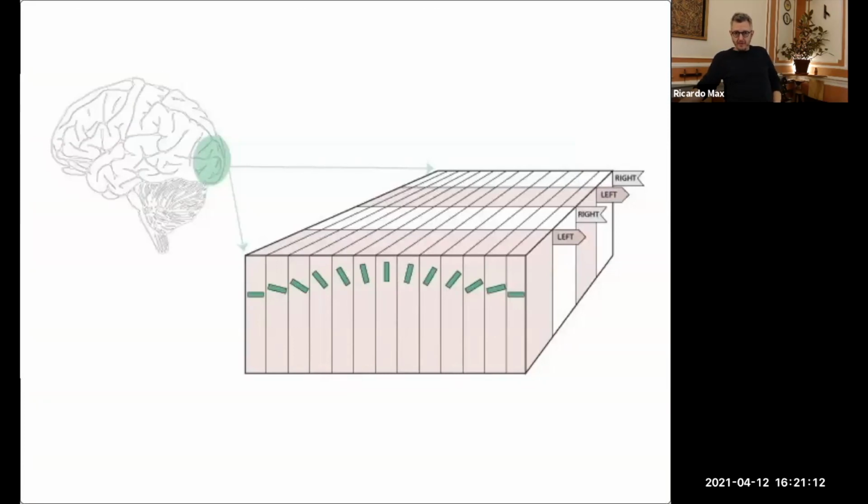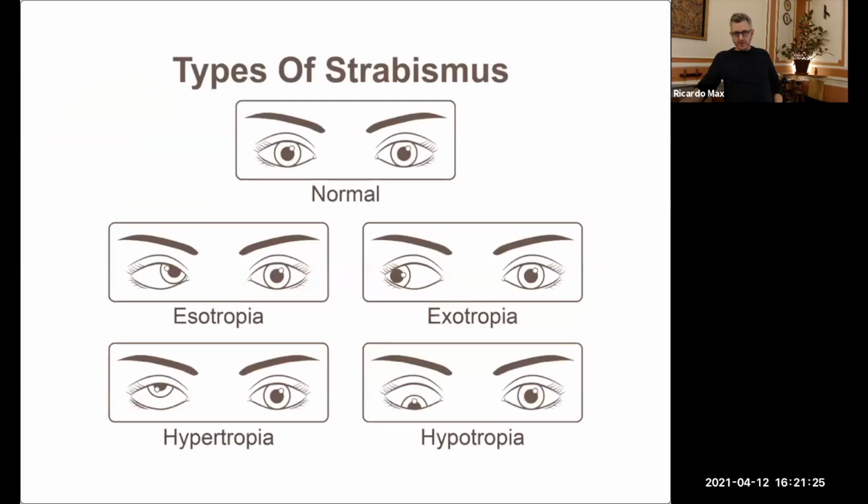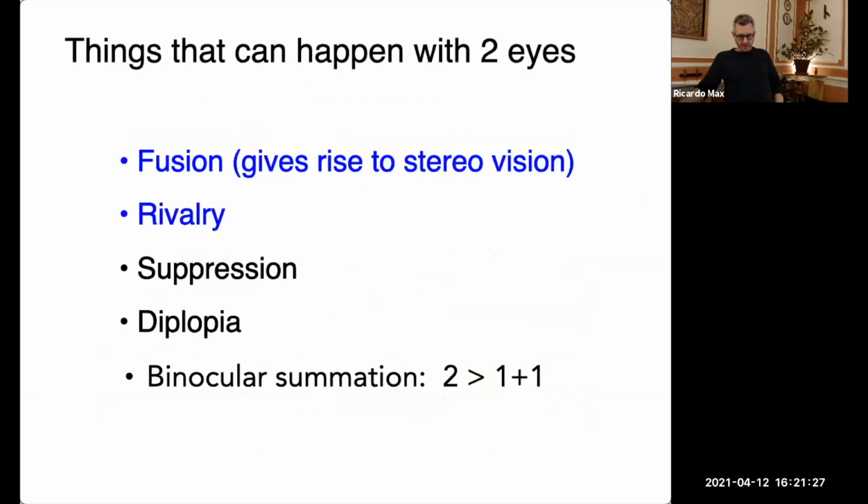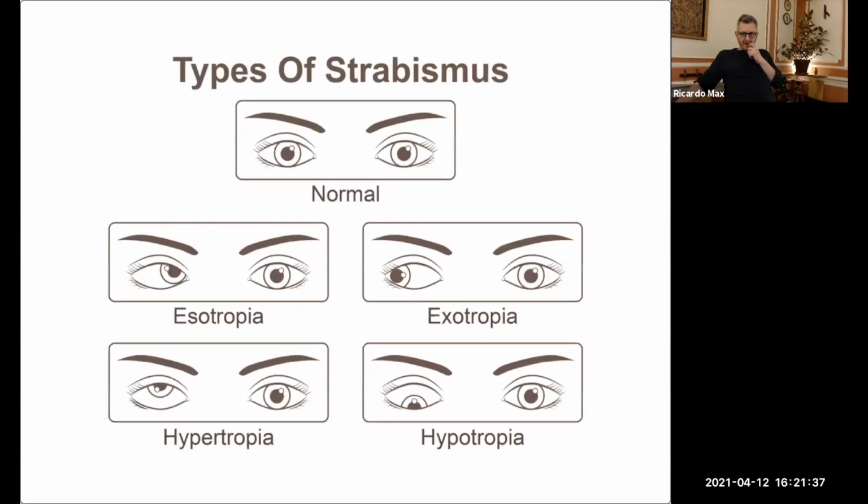How does it happen? Now, one problem that happens: suppression must occur when the images are not corresponding enough. So, for instance, people that have strabismus, meaning the eyes cannot align.